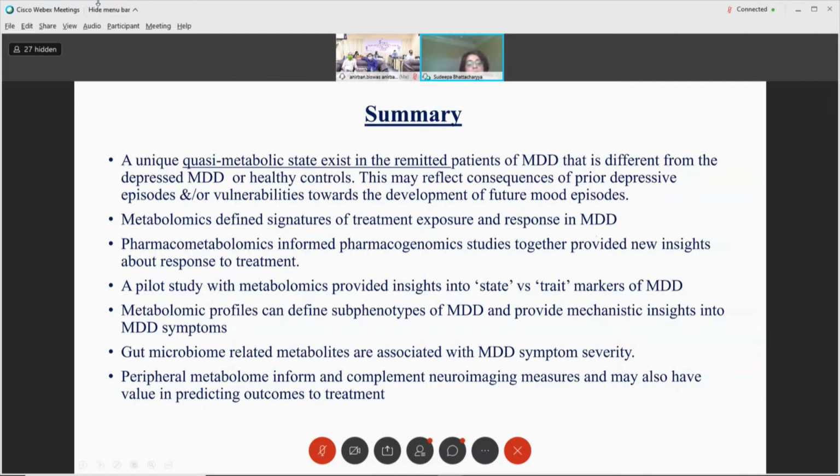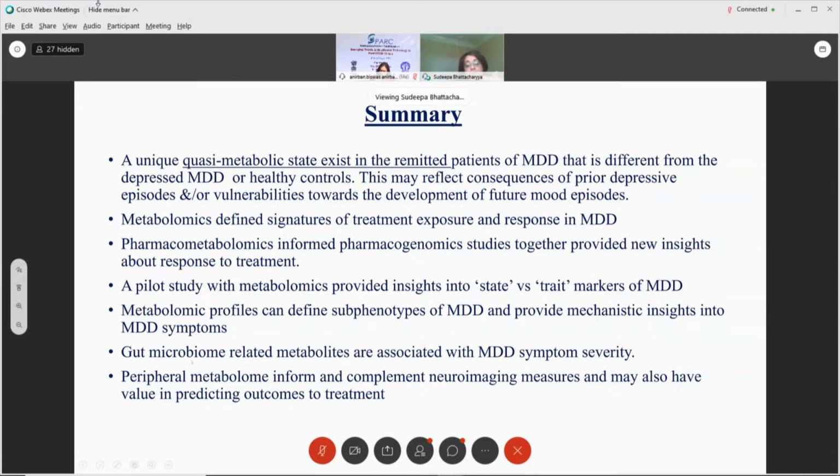Then our pharmacometabolomics informed pharmacogenetic studies together provided new insights into the response to treatment. And a pilot study with metabolomics provided insights into state versus trait markers of MDD. Metabolomics can define the subphenotypes of MDD and provide mechanistic insights.